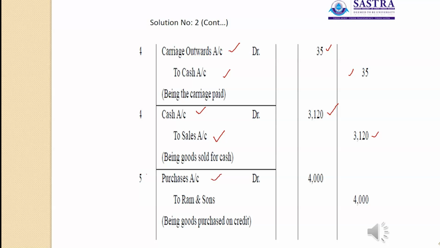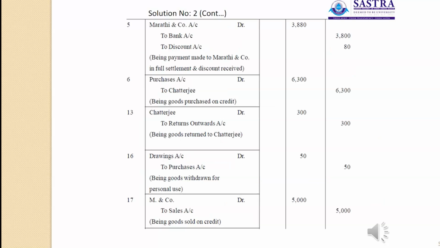Then goods purchased on credit. Here purchase account debit, goods purchased from Raman Sons, so to Raman Sons account. The amount is 4,000. Purchase account debit 4,000, to Raman Sons credited rupees 4,000. The narration for this transaction is being goods purchased on credit.